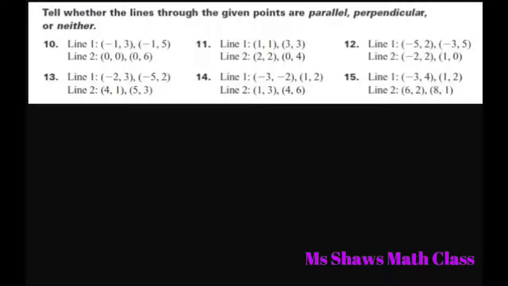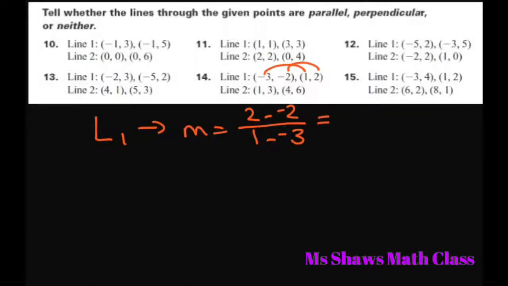Okay, 14, we have line 1. So the slope is 2 minus a negative 2, 1 minus a negative 3. This will be 2 plus 2 is 4, and 1 plus 3 is 4, which equals 1.